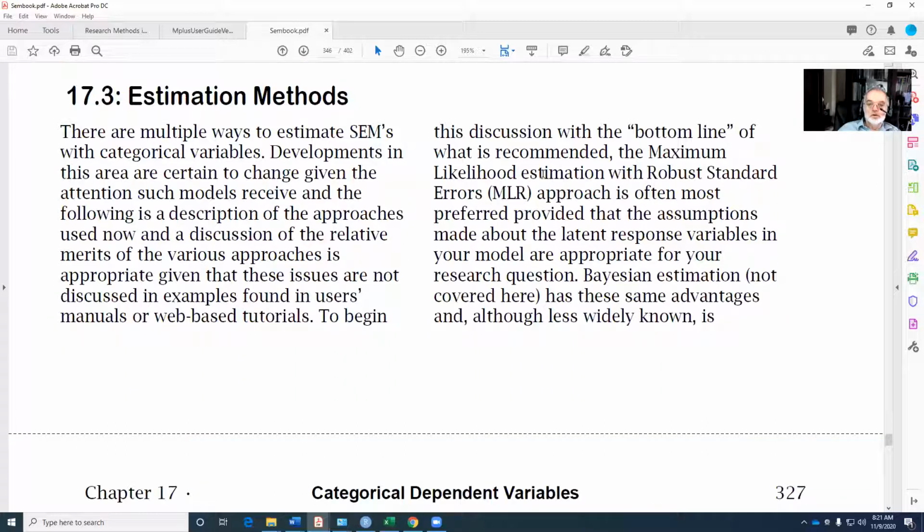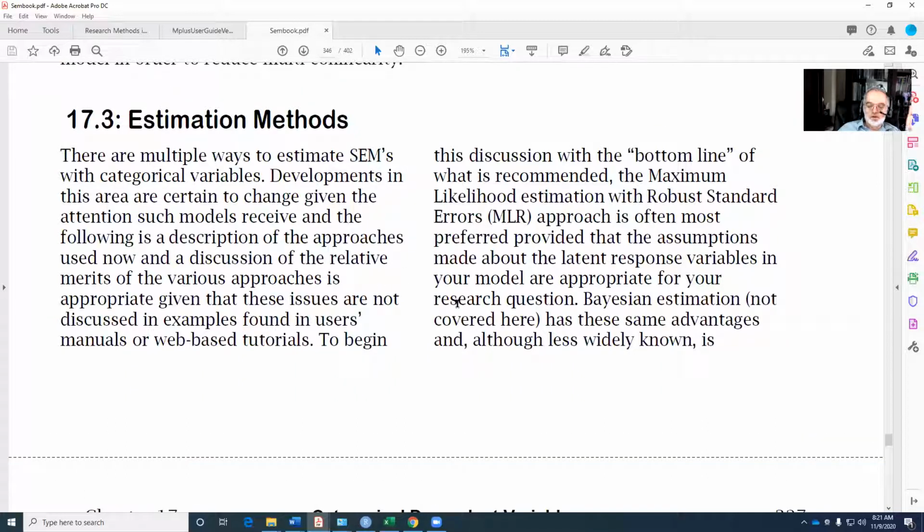Not to get into the technical discussion, but the bottom line is that MLR is often preferred if your latent response variable is appropriate for your research question. That's because MLR estimation, maximum likelihood with robust standard errors, is robust to your ideas about missingness in the data.